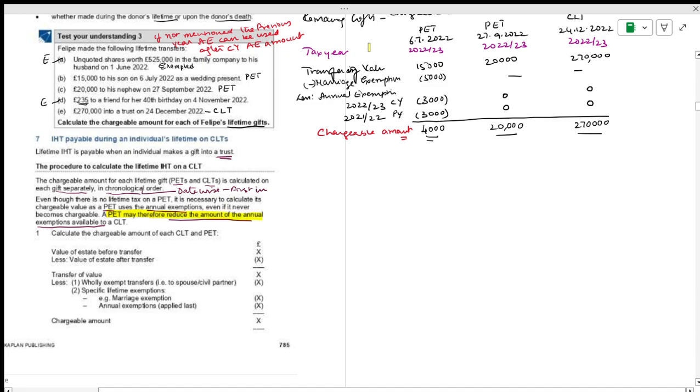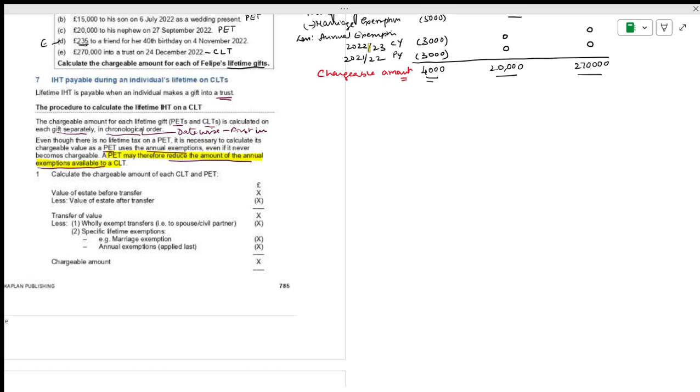Now, calculate the charge on CLT and PET. Value of the estate before, value of the estate after, gives you the transfer of value. Wholly exempt transfers are those to spouse and civil partners; if you are transferring to a spouse, it is a complete exemption.